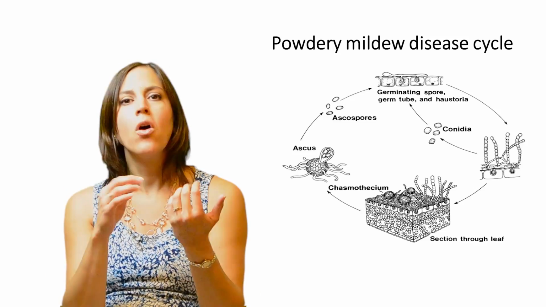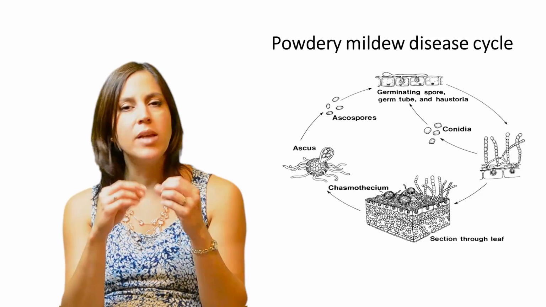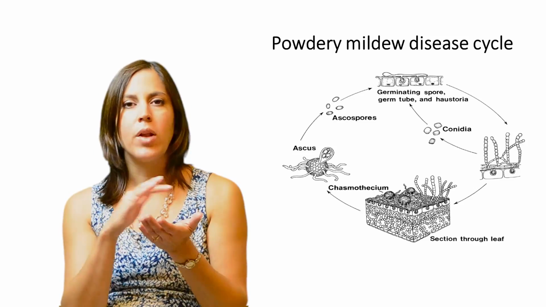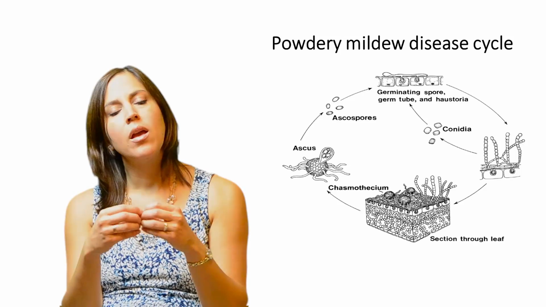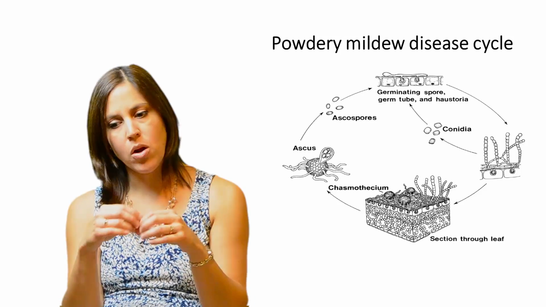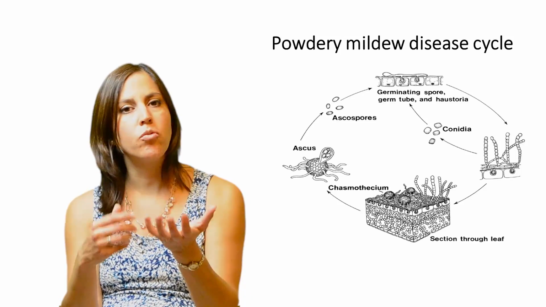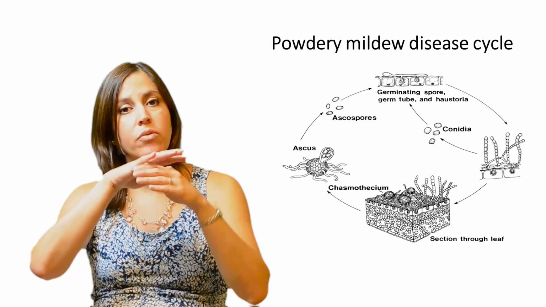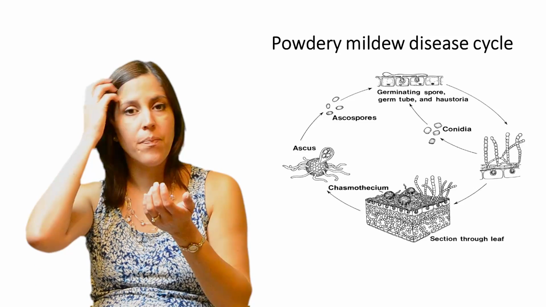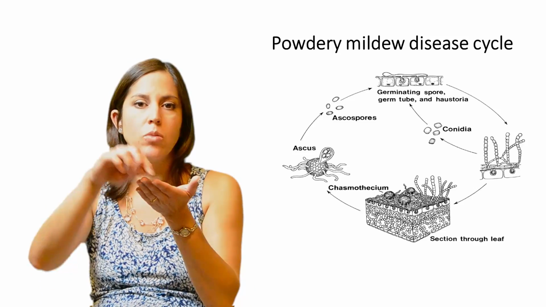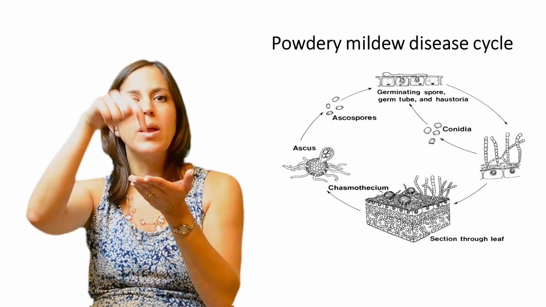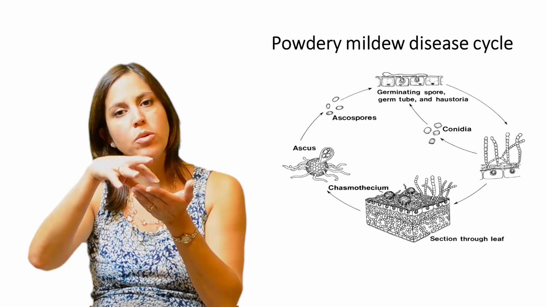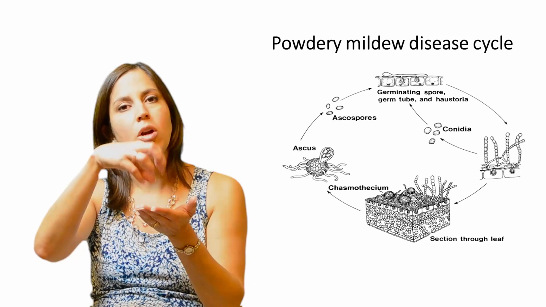Whenever the ascospores arrive at the right tissue, a susceptible host, and the humidity is right, they germinate on top of the leaf surface and produce the germ tube, and then they start penetrating the cells. Inside the cells is where the haustoria is produced, and it starts absorbing nutrients.